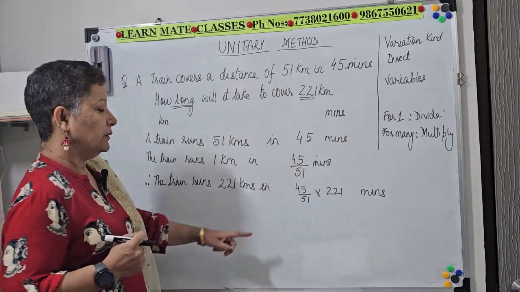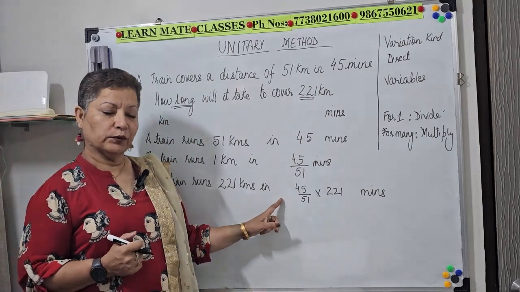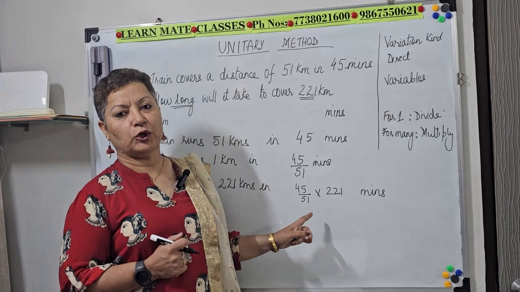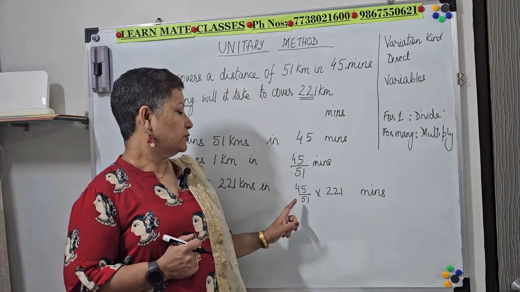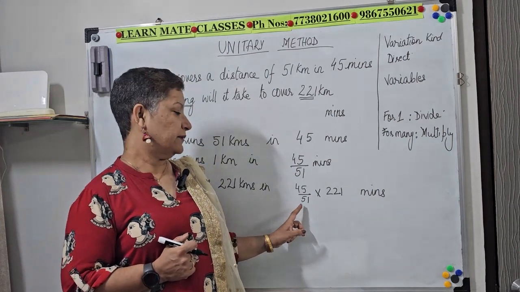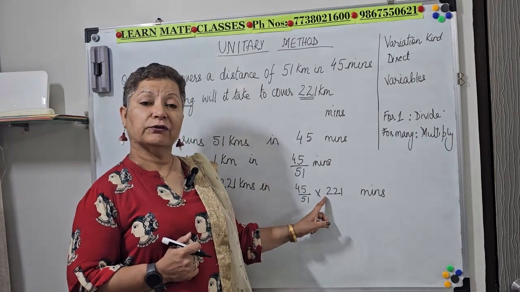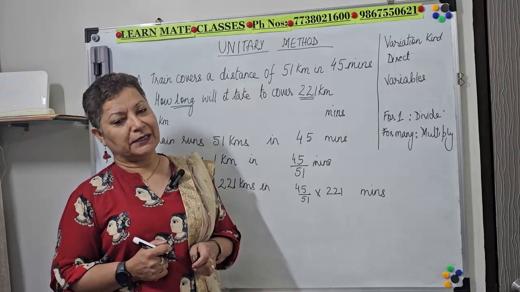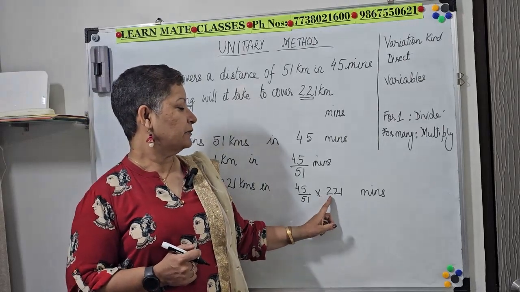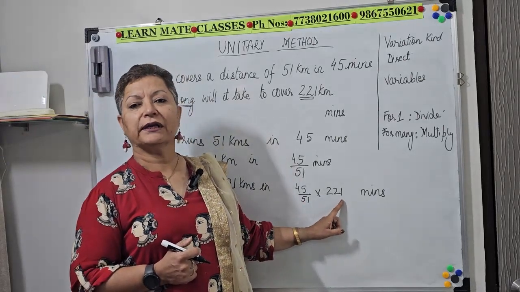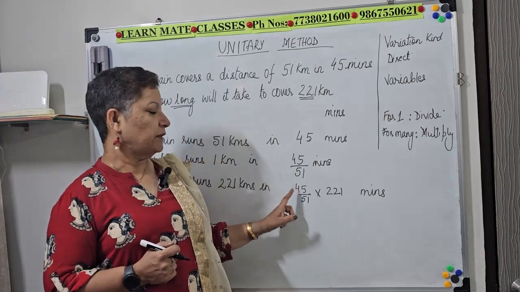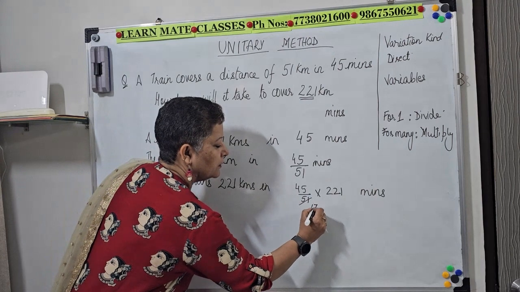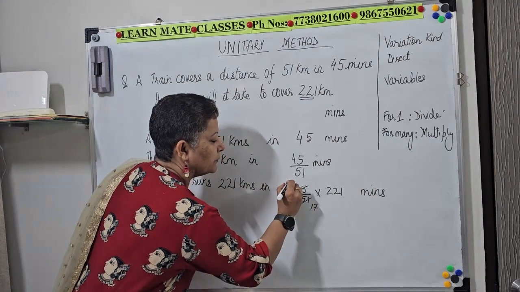Now, 51, if you are slightly good in your tables, you will know 51 is a product of 17 and 3. So this is divisible by 3. This sum of the digits, 2 plus 2 plus 1, is 5, which is not divisible by 3. So let's divide these two by 3. Here you'll get a 17 and here you'll get a 15.